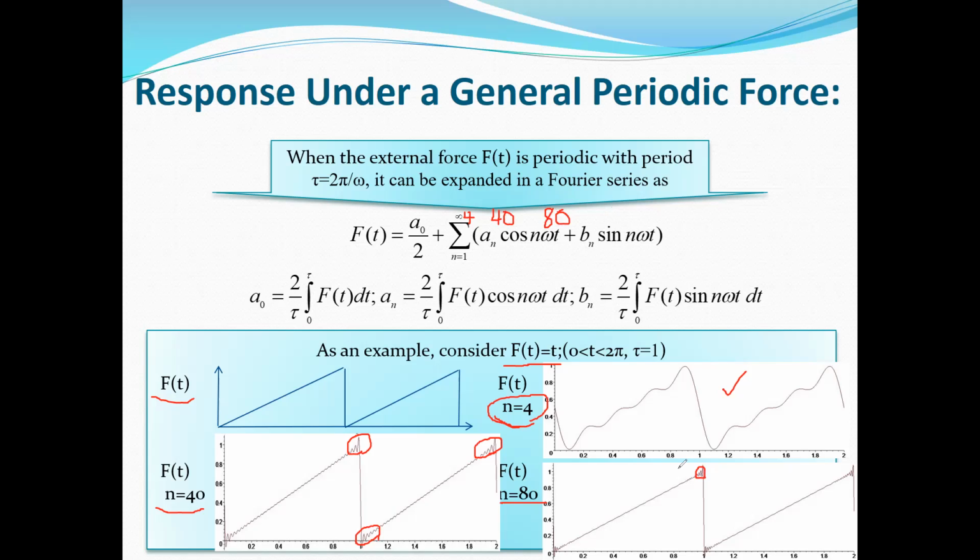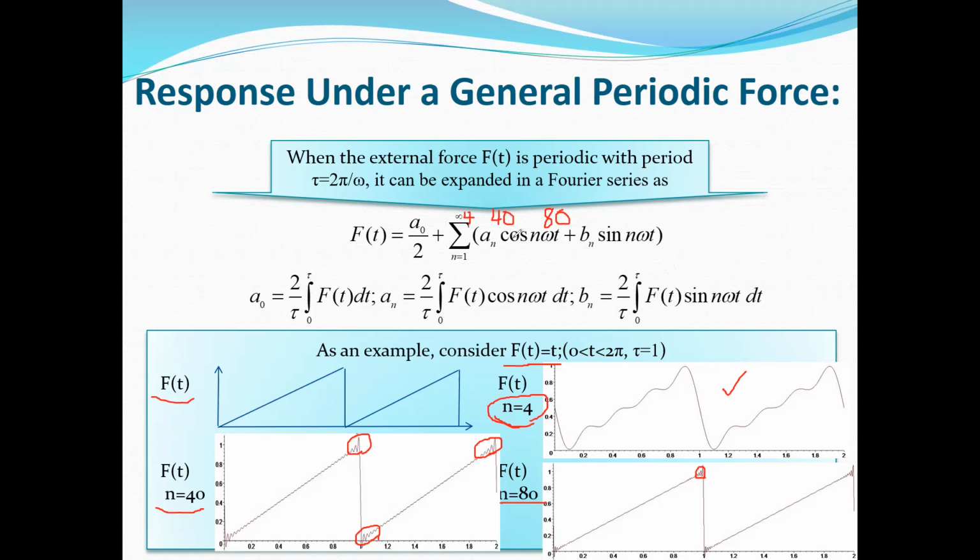So according to your conditions and how much of these perturbations can be acceptable in your work, you can consider the number of terms in this series. But in this course, in the exam, if I give you any question and you want to solve using the Fourier series, definitely I will tell you how many terms you need.